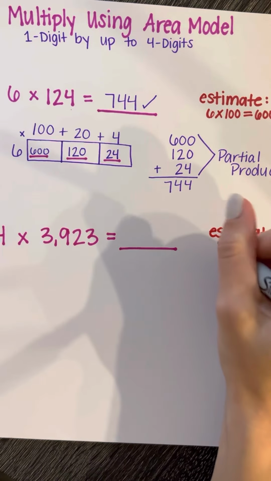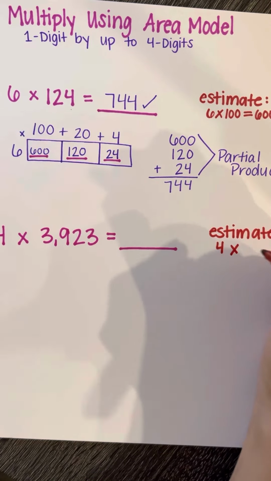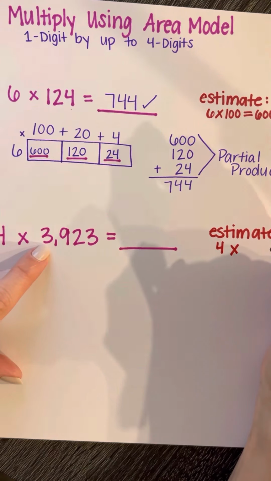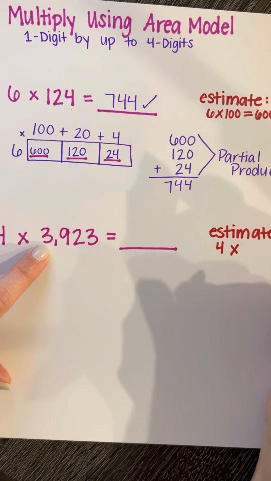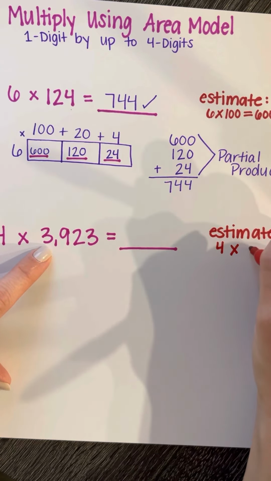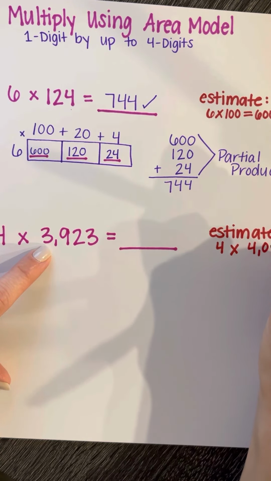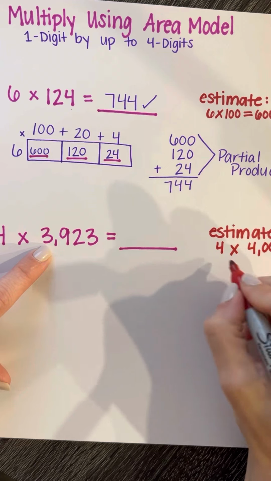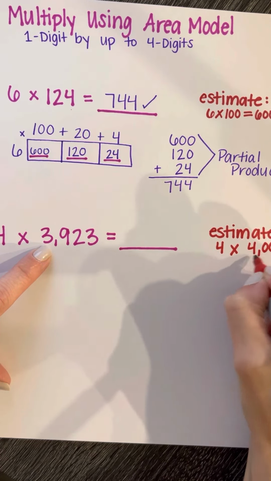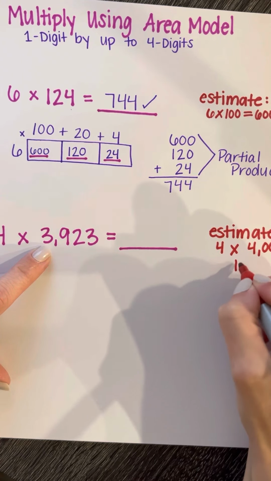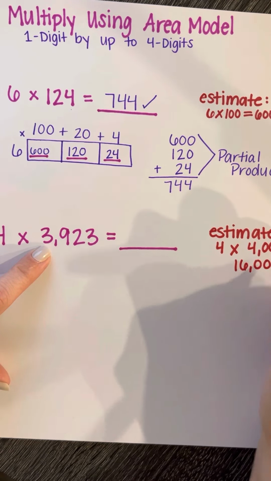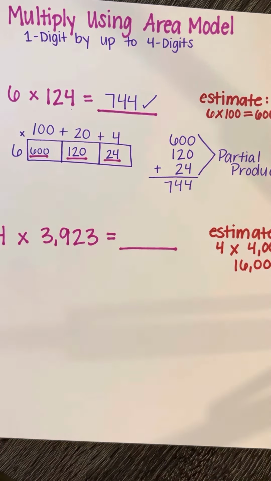For our estimate, we take our 4 and multiply it by, since this is the largest place value, our 3, which is closest to 4, so 4,000. So 4 times 4,000, our final product should be somewhere close to 16,000. So we can come back and check after we are done.